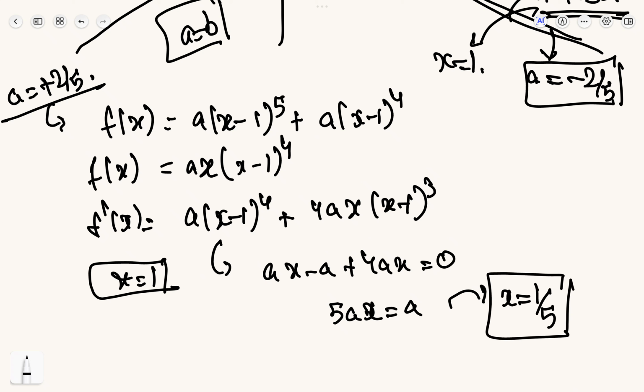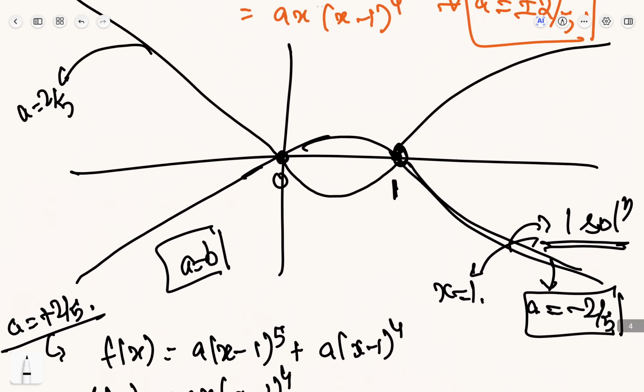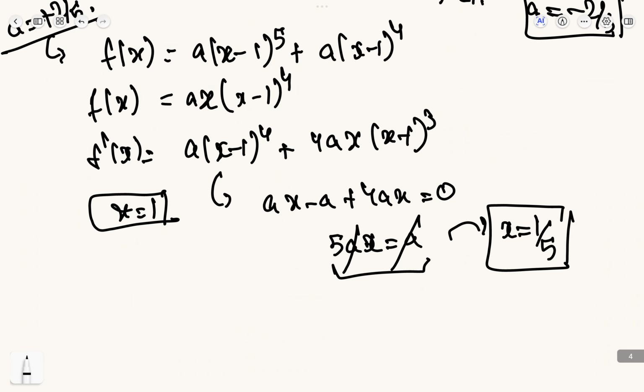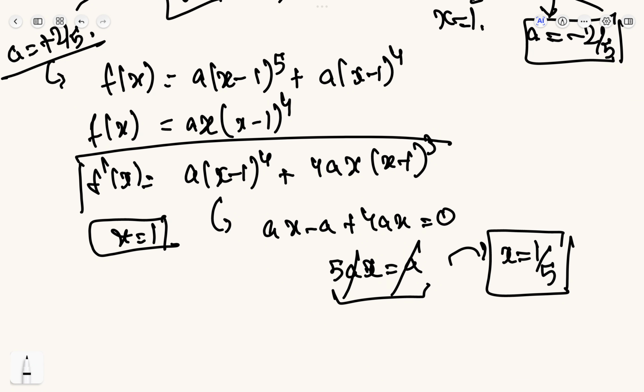So x is equal to 1 by 5 gives me f dash x is equal to 0. Well, this was of no use, my bad. I just need to check about f dash x, right?